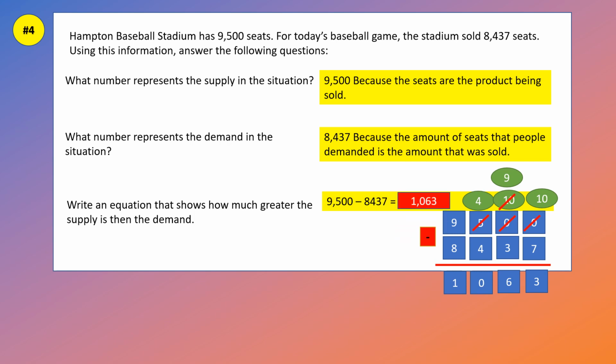So the supply is 1,063 seats greater than the demand. Now, if you need to pause your video to check to make sure the work that you did matches mine, go ahead and do so now.